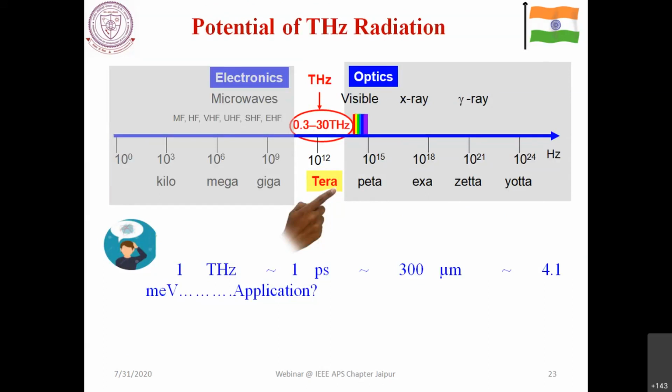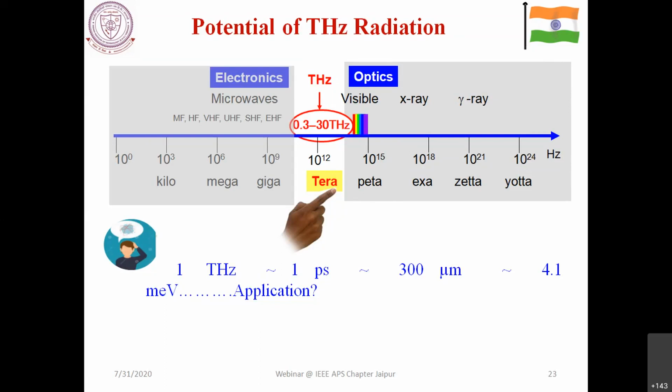The terahertz gap is considered the bridge between electronics and the optical domain, and it is between 300 gigahertz and 30 terahertz. Even if you consider 1 terahertz, the associated energy is 4.1 millielectron volt, and the ionization can be substantially reduced. That is one of the best applications over here.